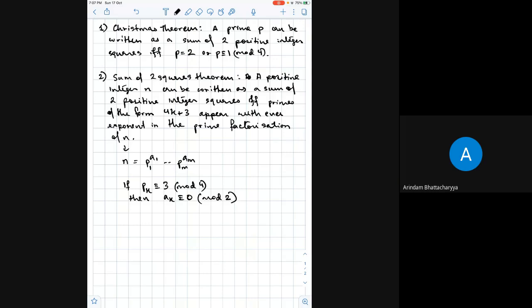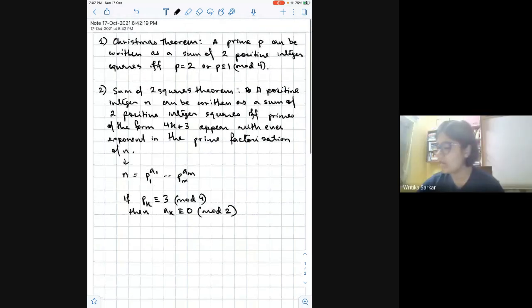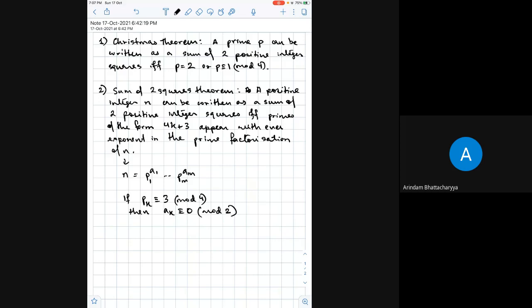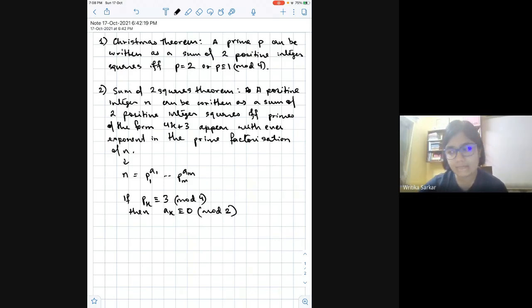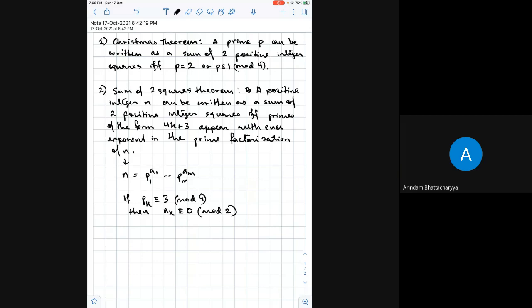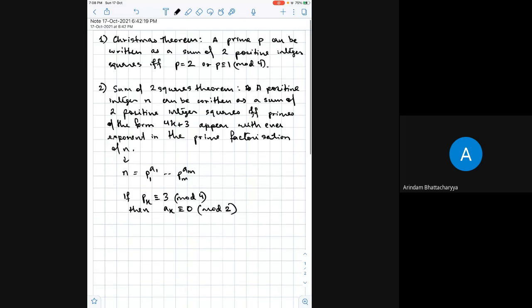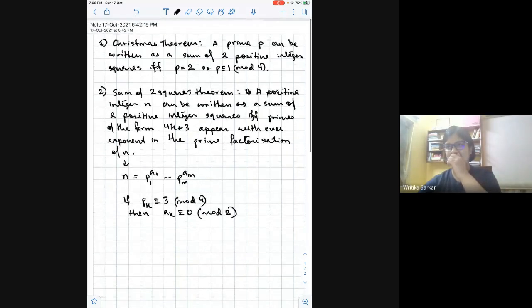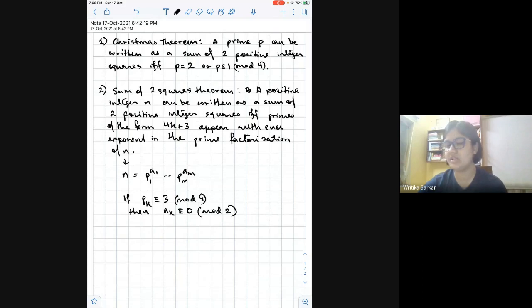Should it be two positive integer squares? Wait, I didn't write positive integer squares. Should it be two integer squares instead of two positive integer squares? Because n equal to 9. Oh, so you're saying is 0 counted as one of the squares?